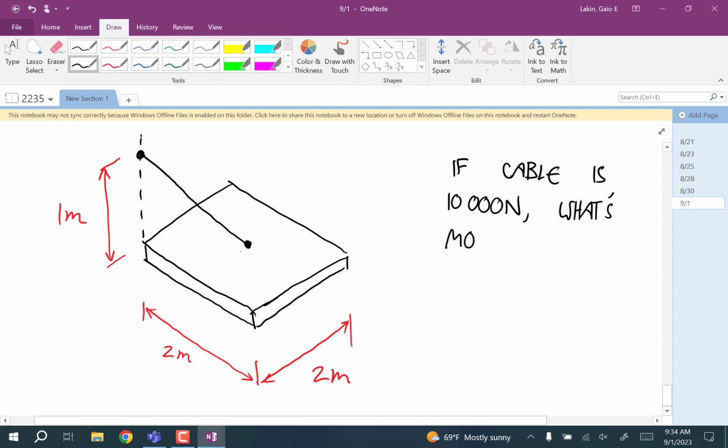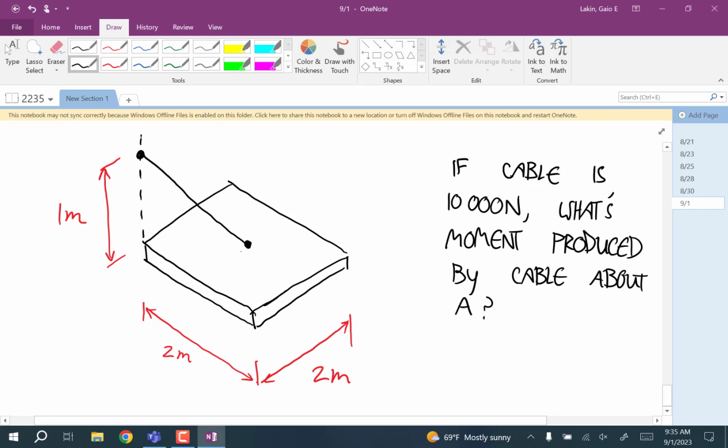What's the moment produced by the cable about the point A? And I'm going to use this point as A. Okay, I have to tell you what coordinate system I'm using.